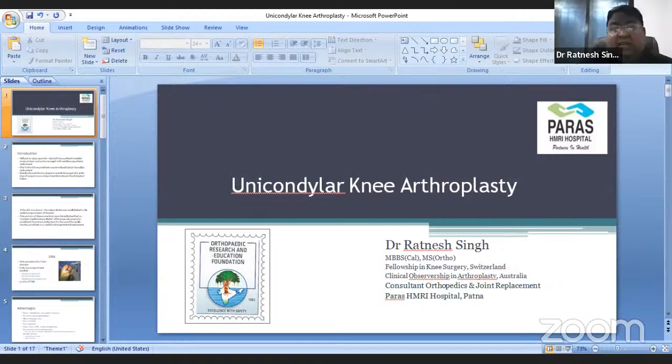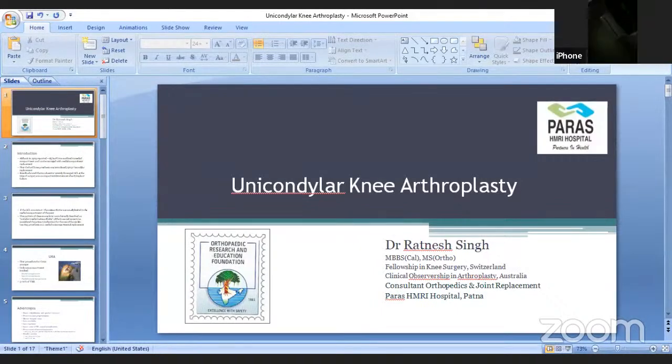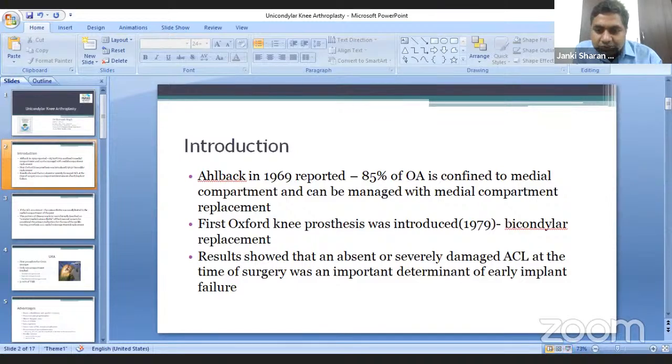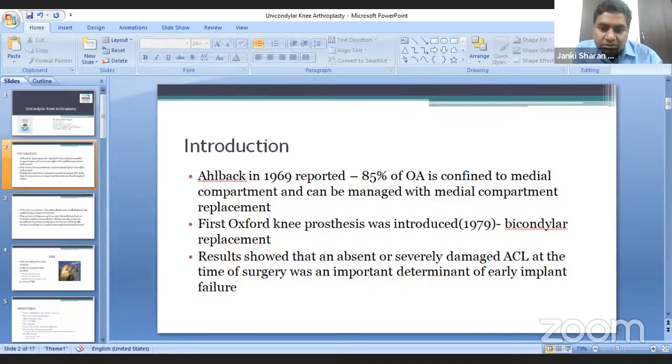Excuse me, sir. It is still the first slide and it is not full screen yet. I can see here full screen. Now we can see, but you can make it full screen. Sir, you can keep the full screen and then you can share the screen.